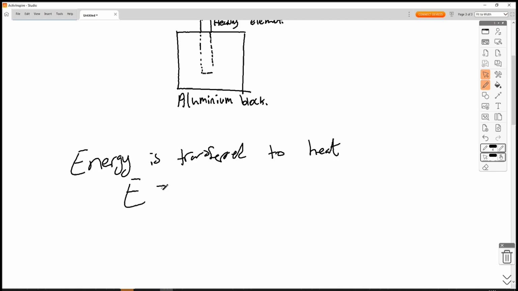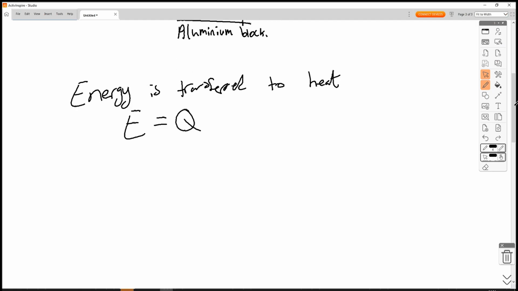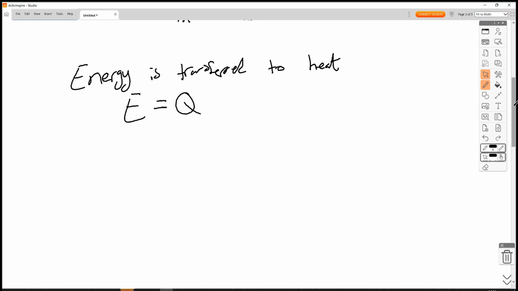So E by the circuit is equal to Q. And we know from there that E is equal to ITV from electricity. So by using ITV, we can calculate how much energy has actually transferred into the heat.